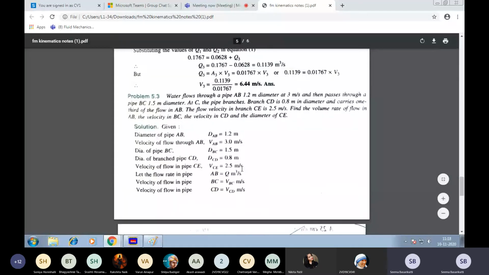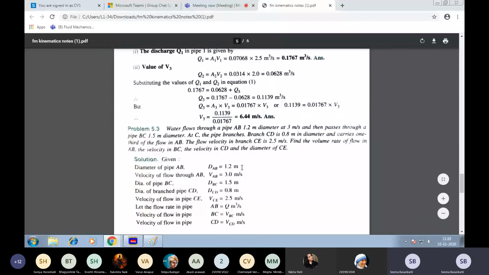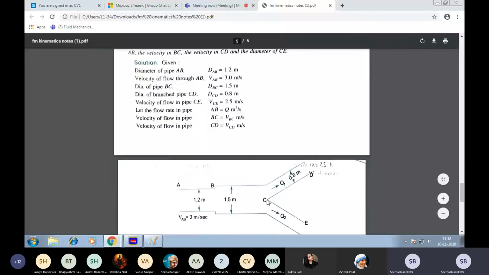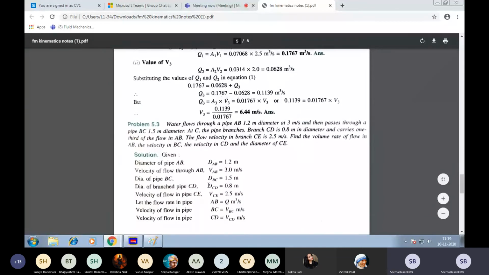After that, the pipe branches. Branch CD is 0.8 meter in diameter. Let me take this as CD and this as CE. CD, the first branch, has a diameter of 0.8 meter and carries 1/3 of the flow in AB.